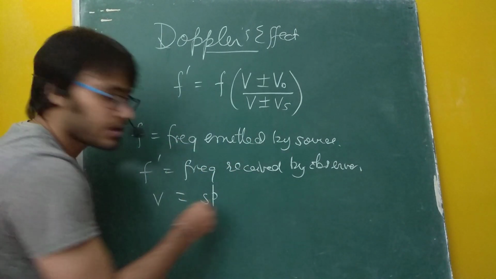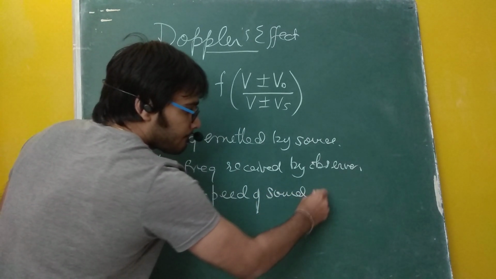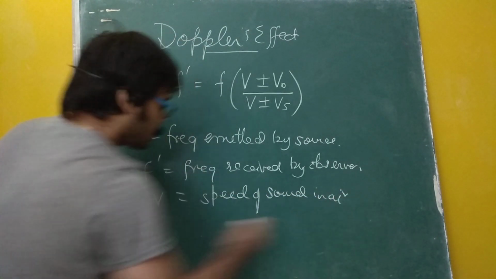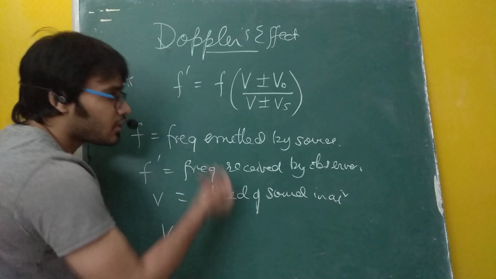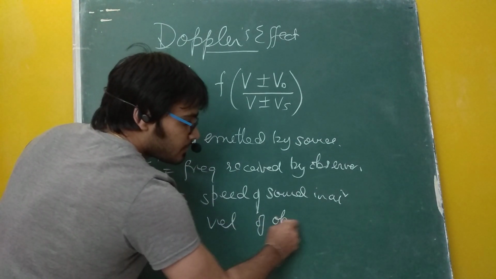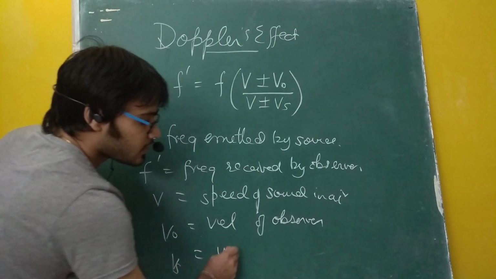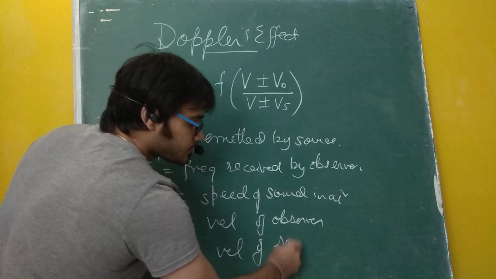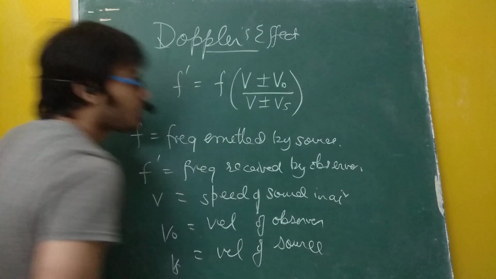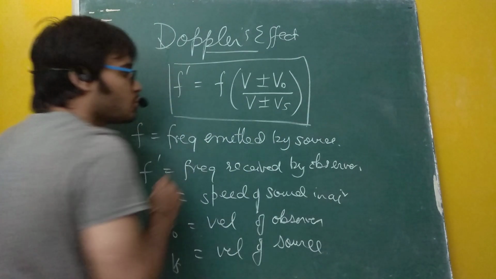Generally the medium is air, or whatever the medium is. Vo is the velocity of the observer, and Vs is the velocity of the source. Okay. So based on this, we can do most of the questions.